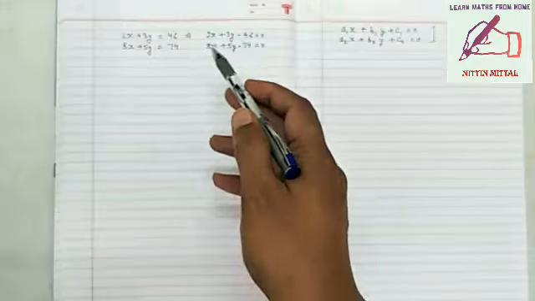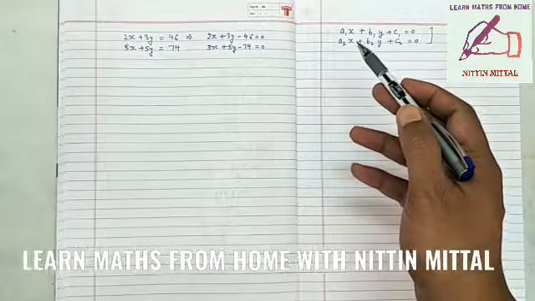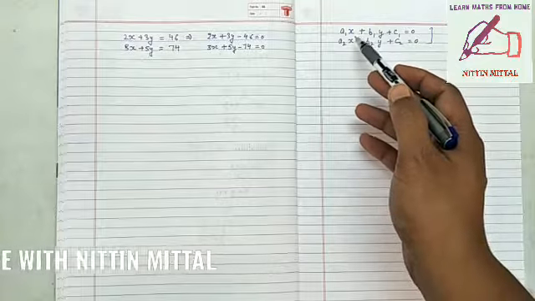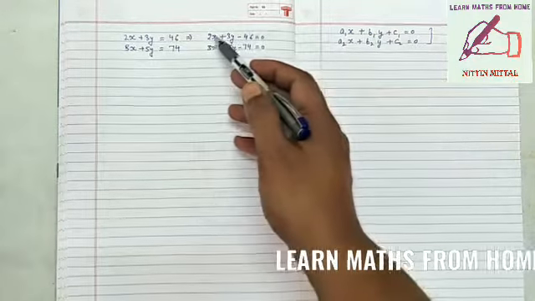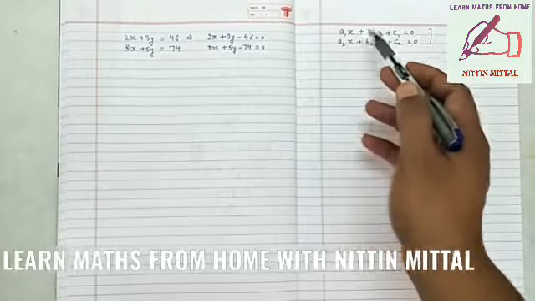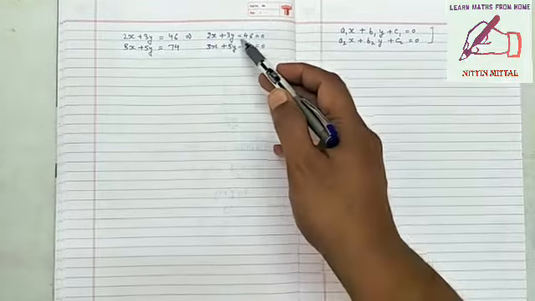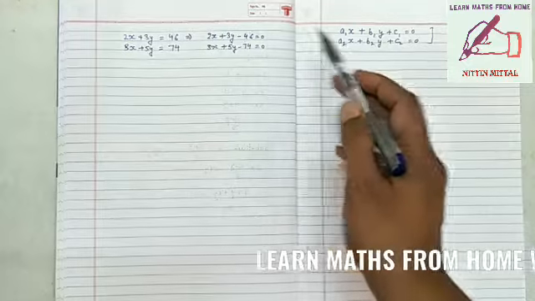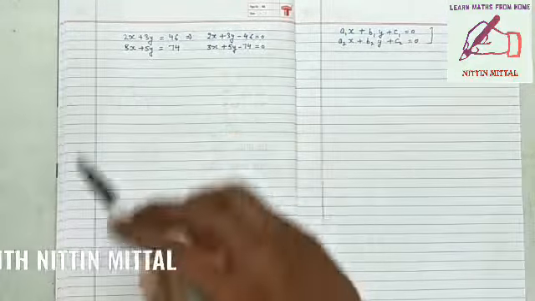Now if you compare it with the standard form, in the first equation the coefficient of x is a1, so it means our a1 is 2, similarly b1 is 3 and c1 is minus 46, right? And a2 is 3, b2 is 5 and c2 is minus 74.